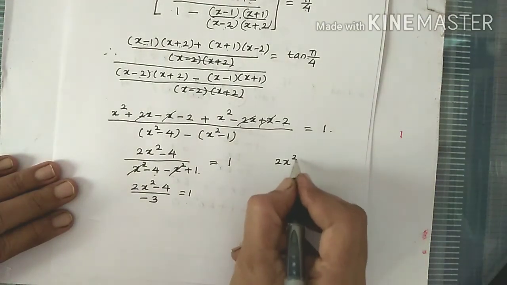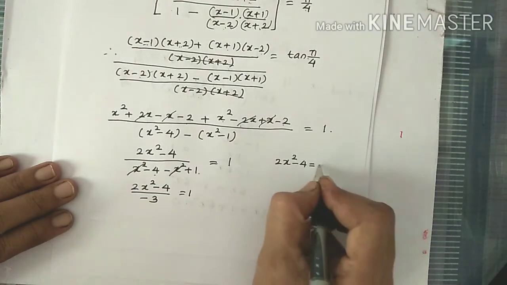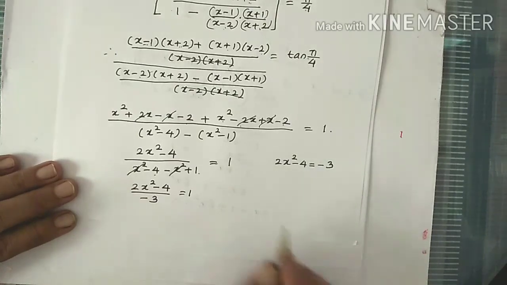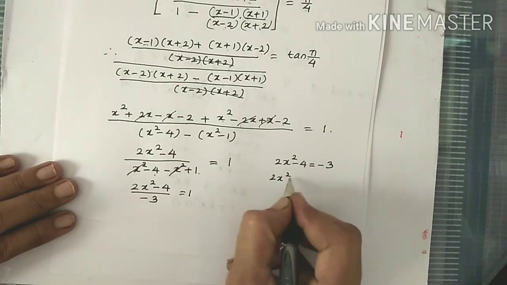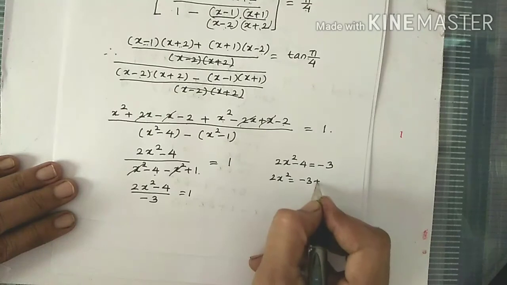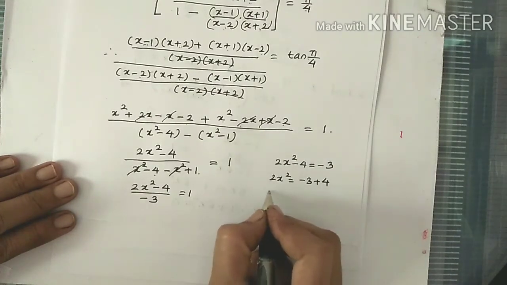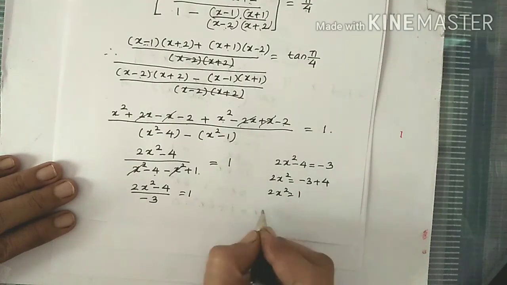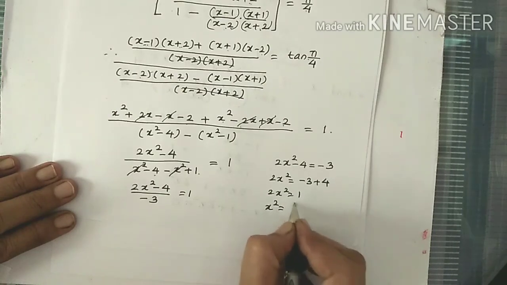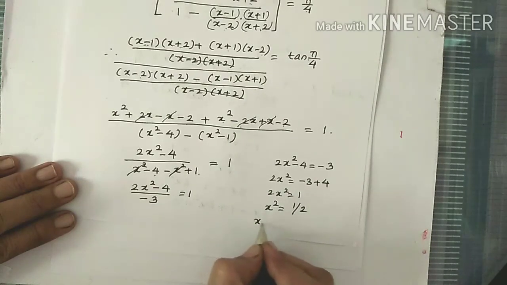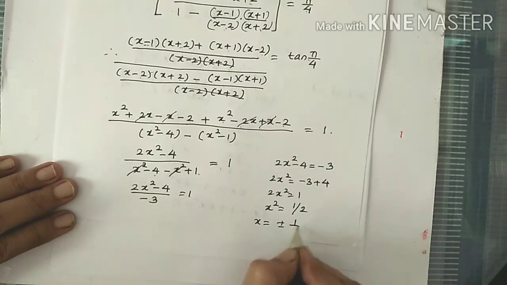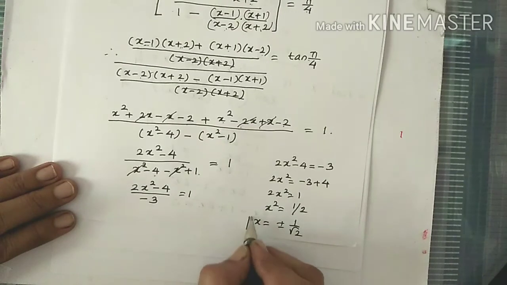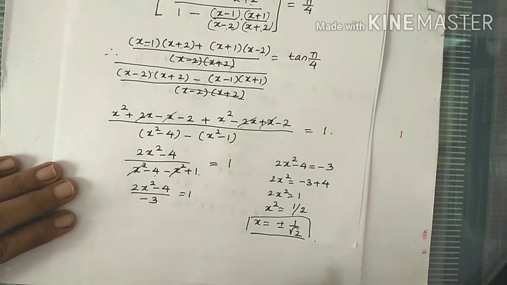So cross multiplying, 2x square minus 4 equals minus 3. So 2x square is equal to minus 3 plus 4. So 2x square is equal to 1. So x square is equal to 1 by 2. So taking the square root, x is plus or minus 1 by root 2.